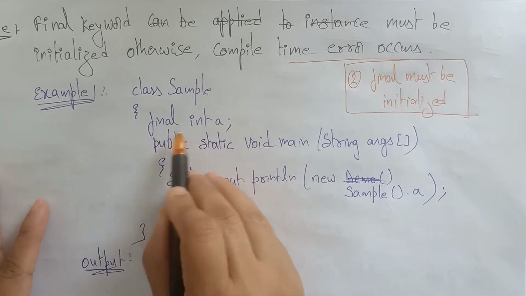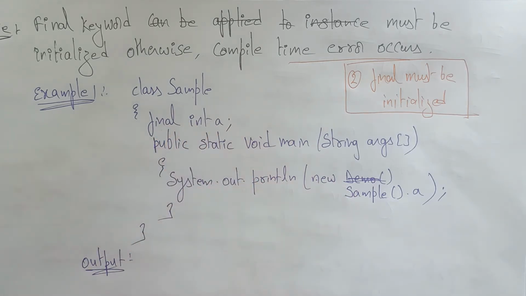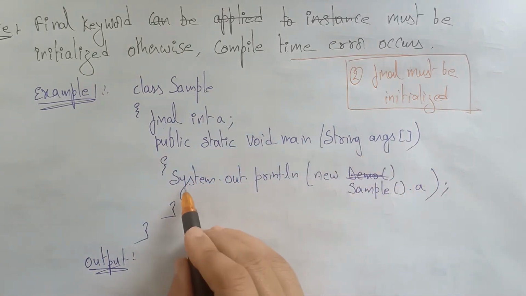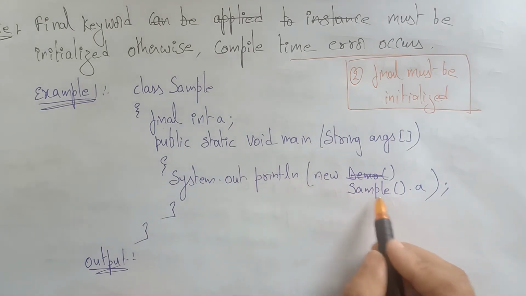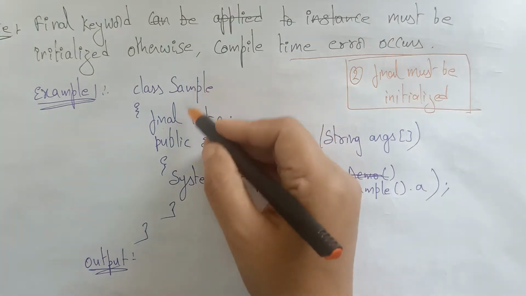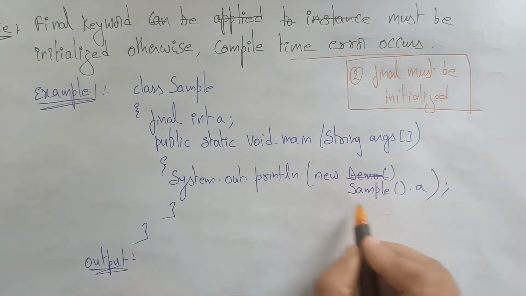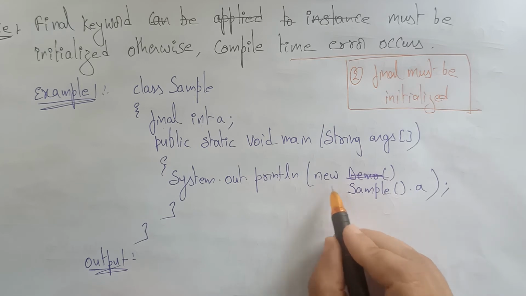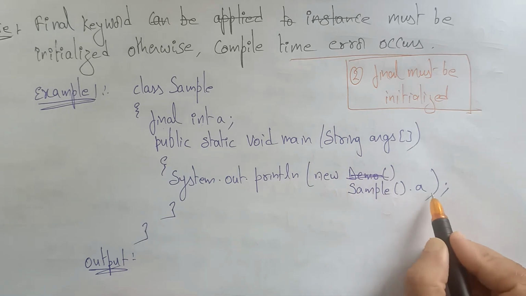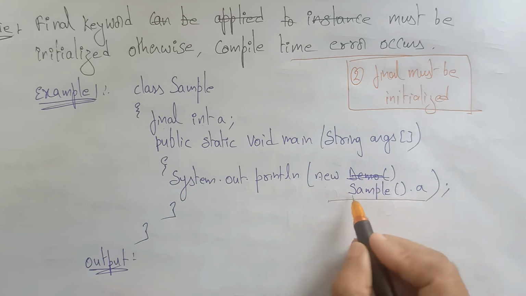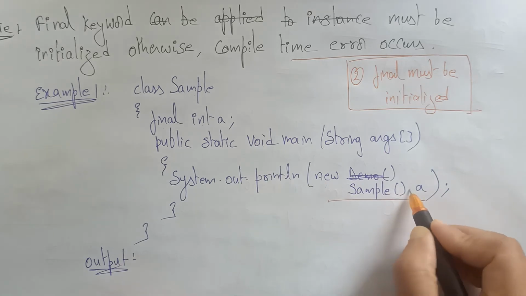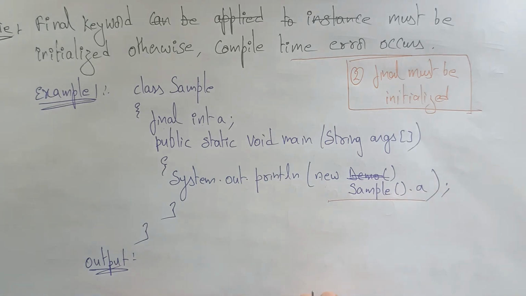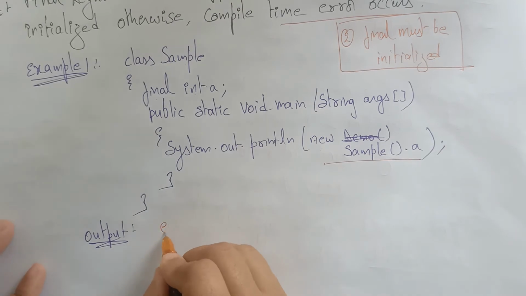I declared a variable with final, and I didn't initialize it here. Then public static void main String args. Inside main, I'm creating an object, new Sample, and I'm printing a. So what will be the output? The output will be an error.